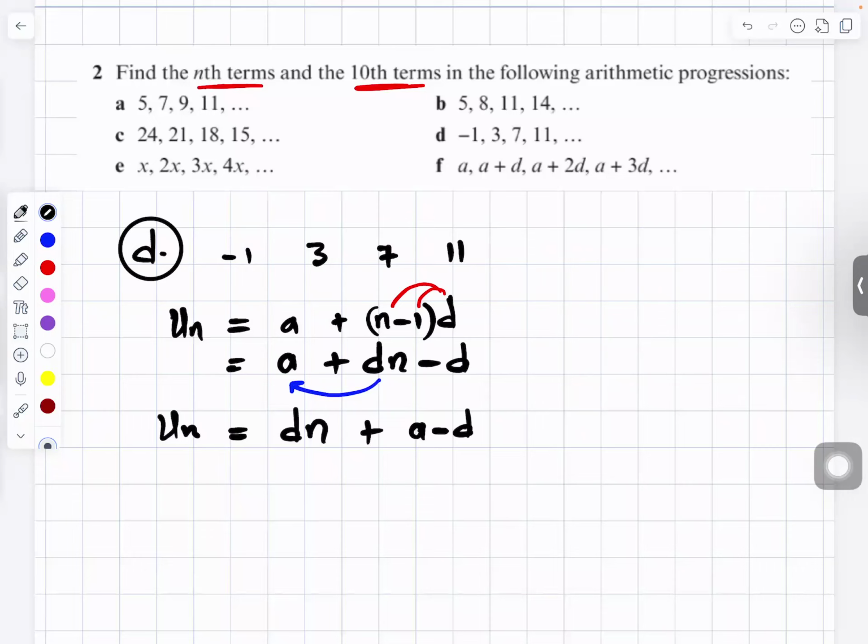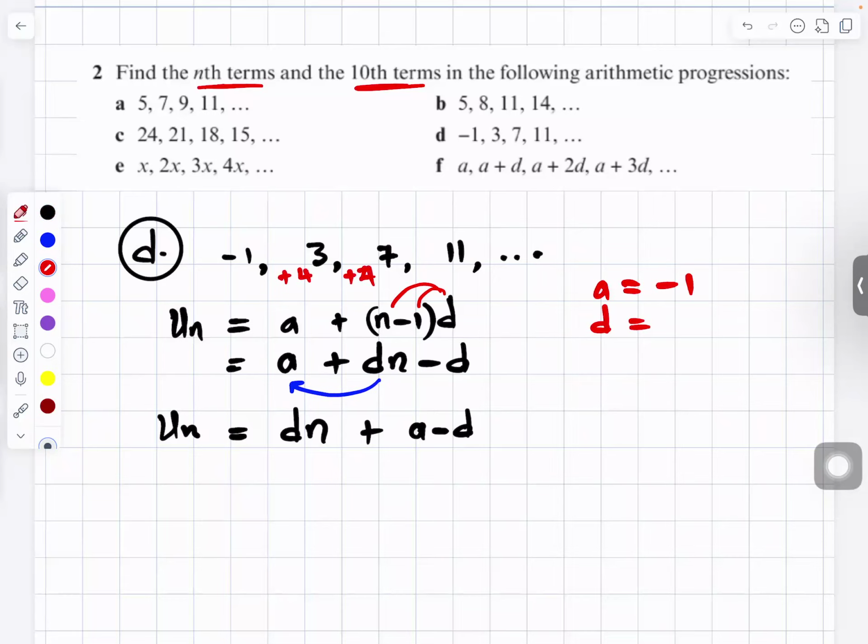So now, looking at that list of numbers there, minus 1, 3, 7, and 11. The first term a is minus 1, and the common difference, to go from minus 1 to 3, you add 4. You go from 3 to 7, you add 4.